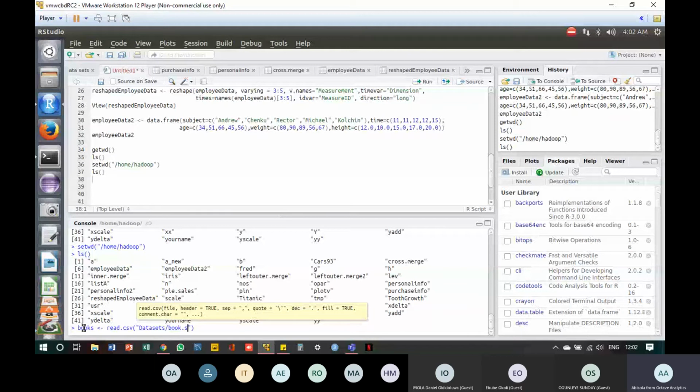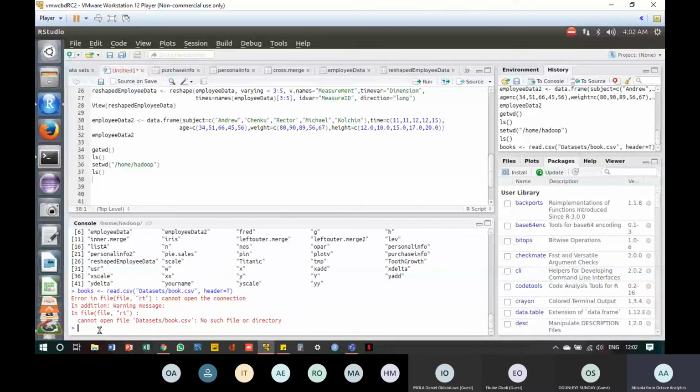So we've taken in the data set to, we cannot open the file. Books, no book. Oh, I've started working on the console. Okay, let me come back here. Books, read.csv, data sets. Oh, time is gone.